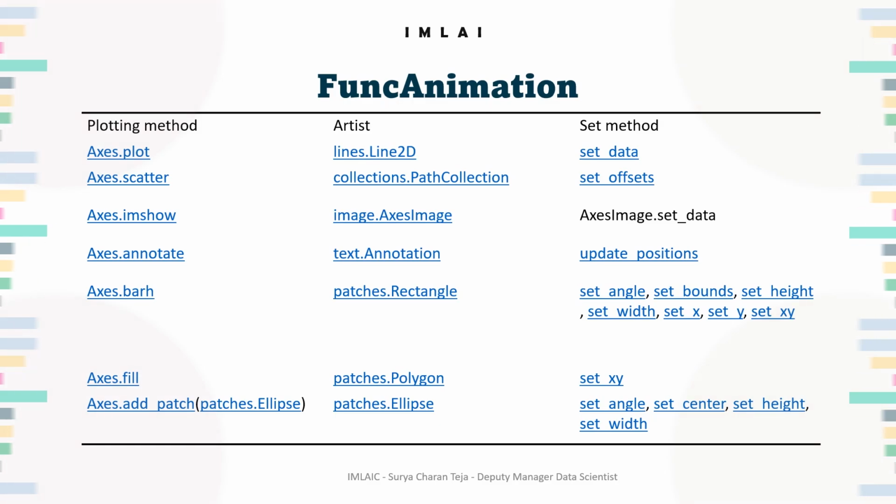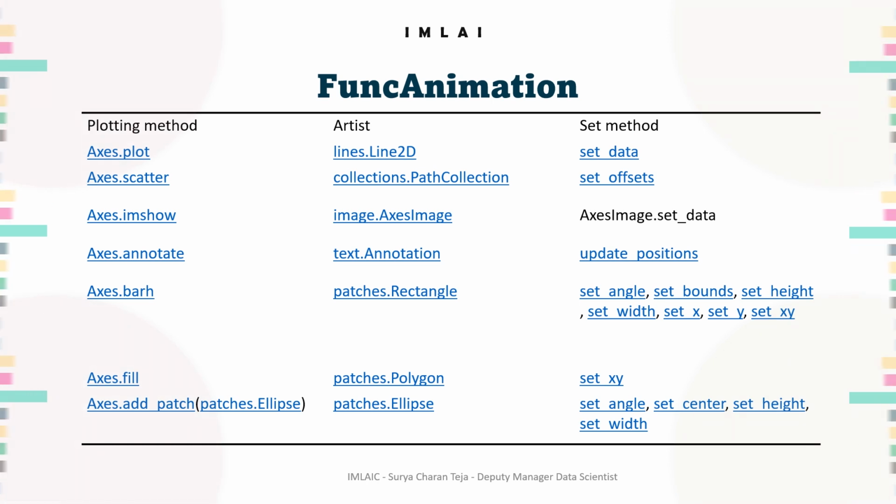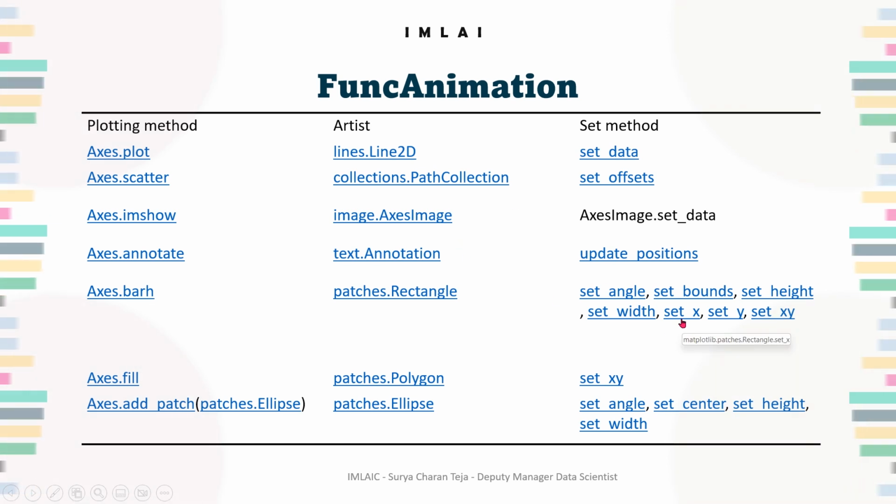This table shows a few plotting methods, the artist types they return, and some methods that can be used to update them. You can see on the left the plotting method, and then the artists, and then the set methods. So axis.plot returns lines.Line2D, and the set methods are set_data, set_offsets, and you have axis.imshow. A lot of things are there. You can quickly go through all of them. I will give you a few seconds.